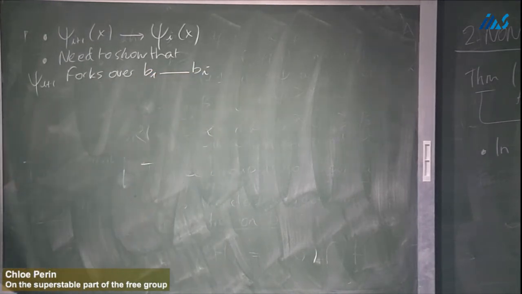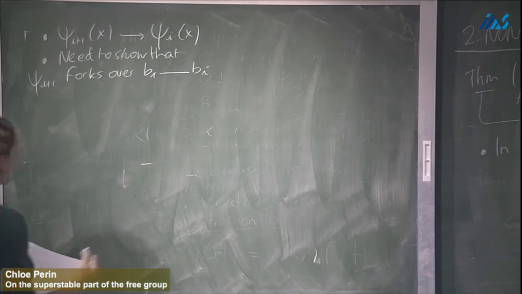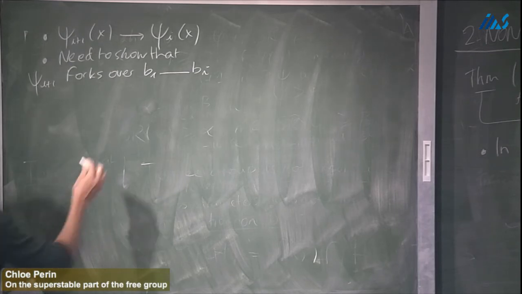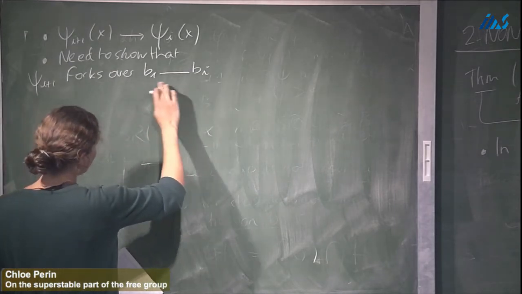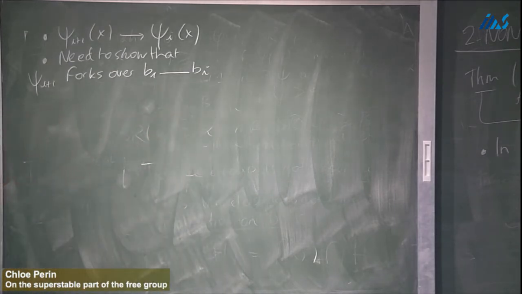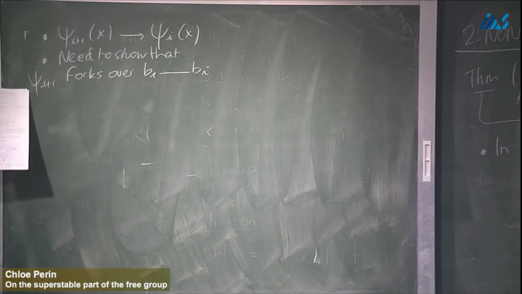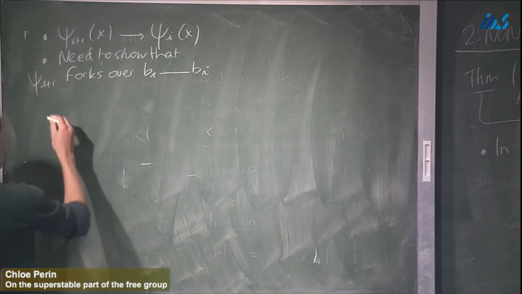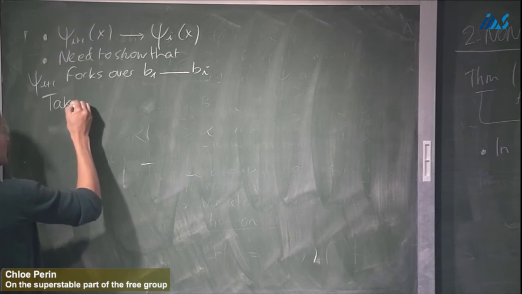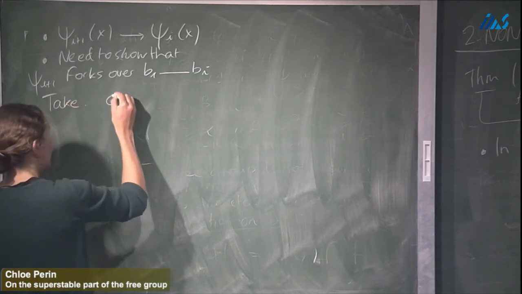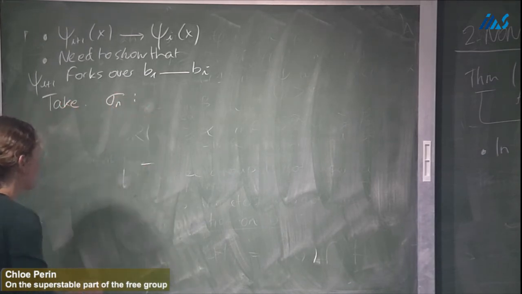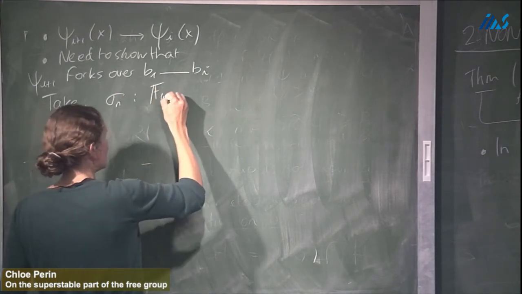Okay, so how do we do this? So we need to find automorphisms that fix this b1 up to bi, and so that the translates of the set defined by this are disjoint. So the automorphism we will take are sigma n from f omega to f omega.